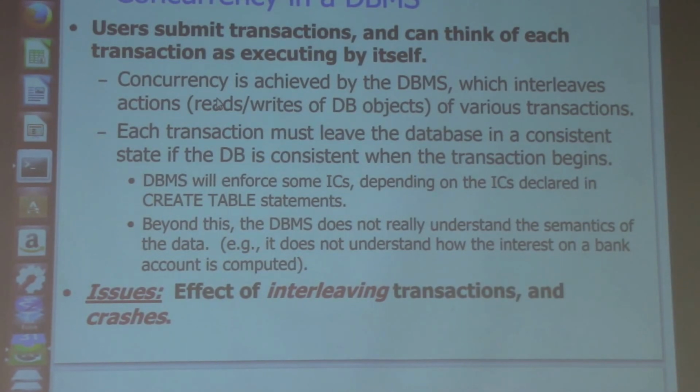Database achieves concurrency by interleaving actions from different transactions. And each transaction must leave database in a consistent state, meaning that each transaction must honor all functional dependencies in your database system.